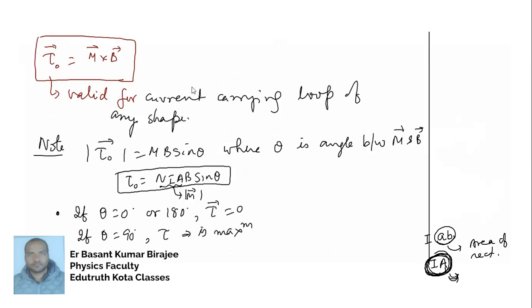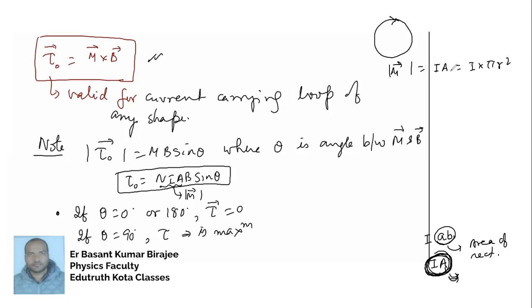In this case, we derived this formula using a rectangular loop. But you can apply this formula for a current carrying loop of any shape. If your current carrying loop is circular, then how much will your magnetic moment be? The magnitude of the magnetic moment will be IA, that is I pi r square, if r is the radius.